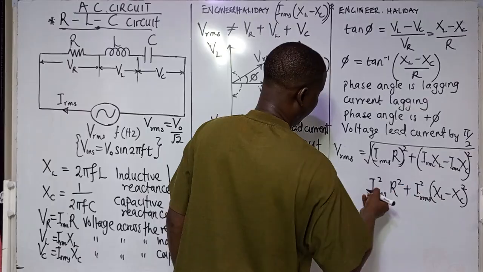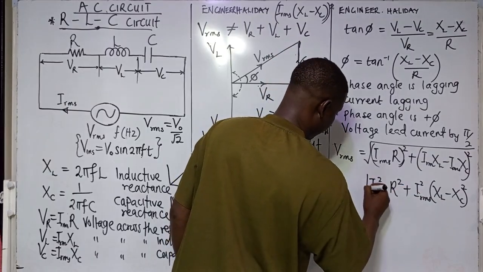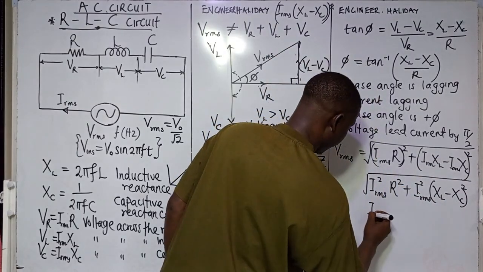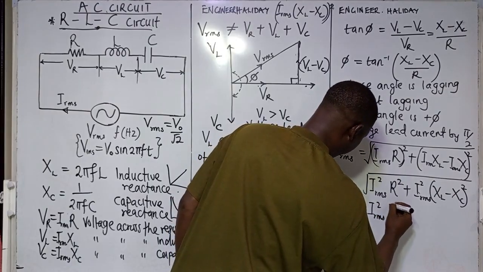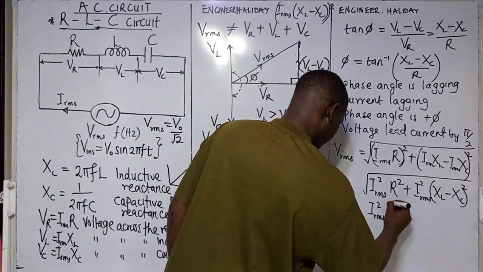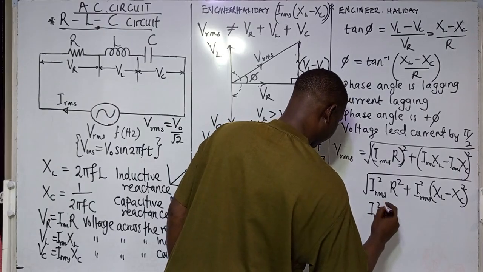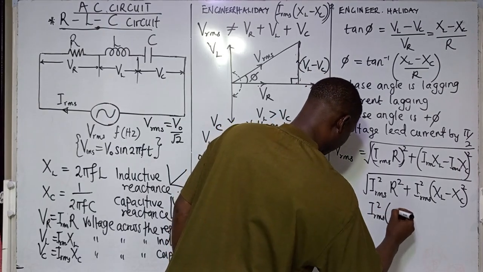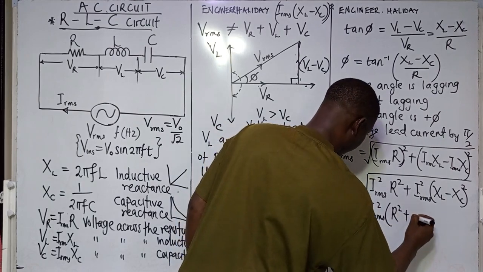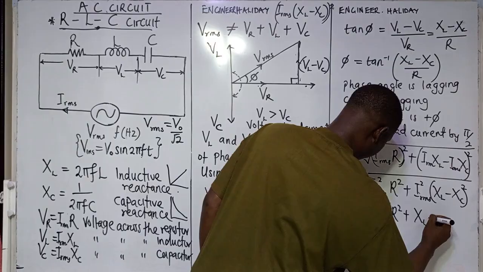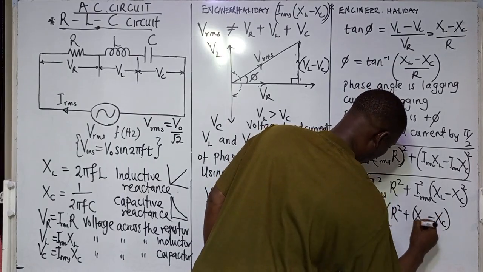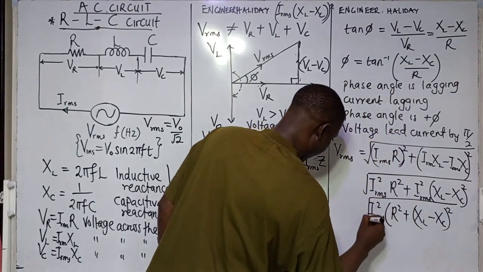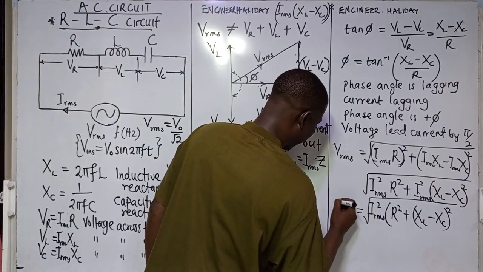What is common on both sides again? We would have I and the square root of everything: IRMS squared, square root of R squared plus XL minus XC all squared.